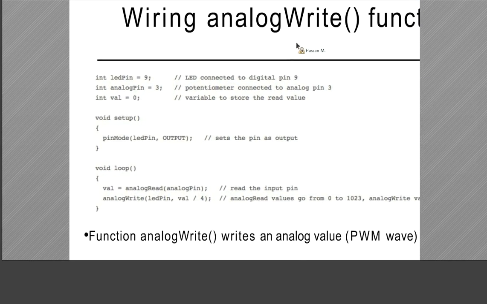Go to another slide. analogWrite uses PWM, okay. We said we have OC, output compare pins: OC0A, OC0B, OC1A, OC1B, OC2A, OC2B. 3 times 2, 6 output pins can support PWM, okay.